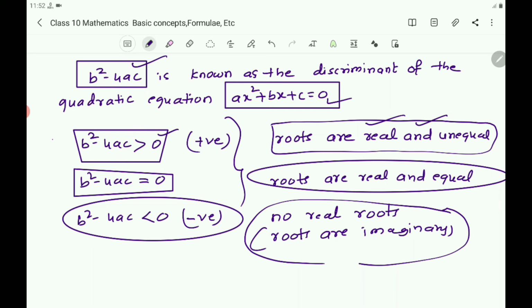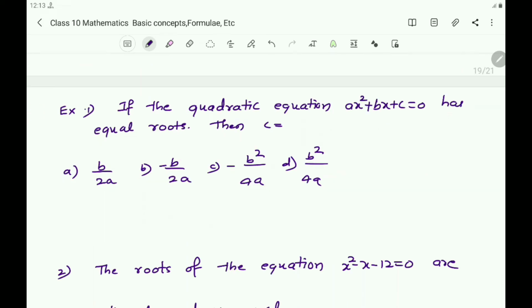So you must know it perfectly. Greater than 0, roots are real and unequal. Equals 0, roots are real and equal, and lesser than 0, no real roots.